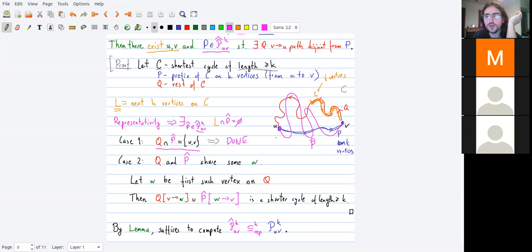Why? Because we just managed to find that P hat is a path in my representative subfamily for which there is a backpath that is disjoint. So looking at P hat will actually give us a solution. So in case number 1, we are done.